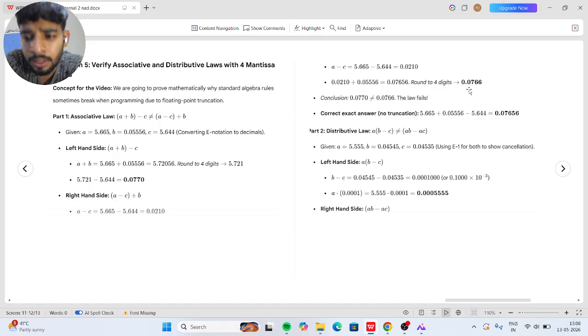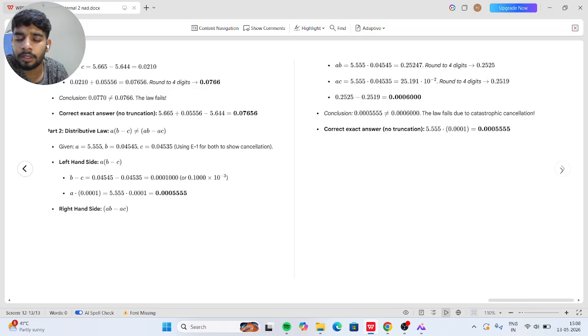Or we can write in the given notation 0.1000 times 10 to the power minus 3. Now we multiply a into (b - c), which will give us 0.0005555.